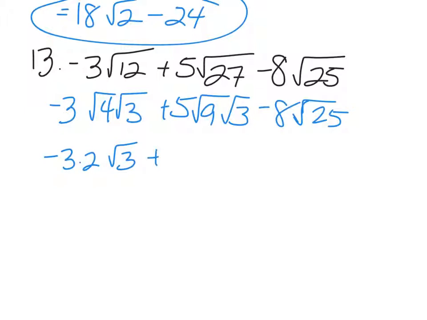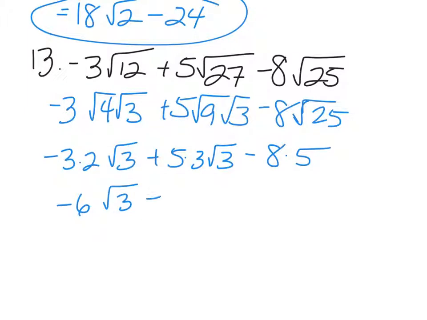Square root of 9 is 3. And square root of 25 is 5. Negative 3 times 2 is negative 6. 5 times 3 is 15. 8 times 5 is 40. Negative 6 plus 15 is 9.